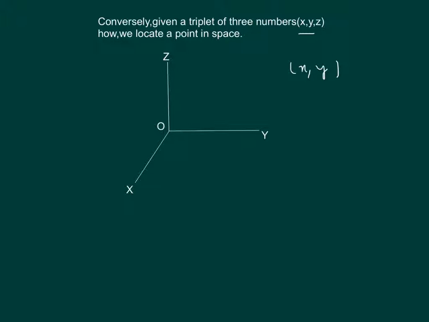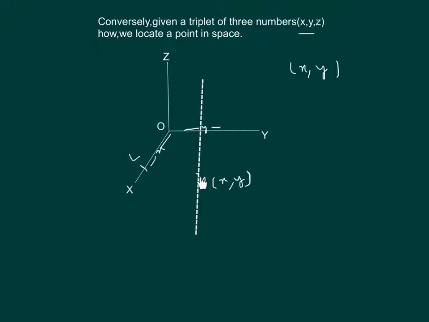That means we fix a point L on the x-axis and correspondingly we take y distance on the y-axis, which will help us to plot a point M whose coordinates are x and y.